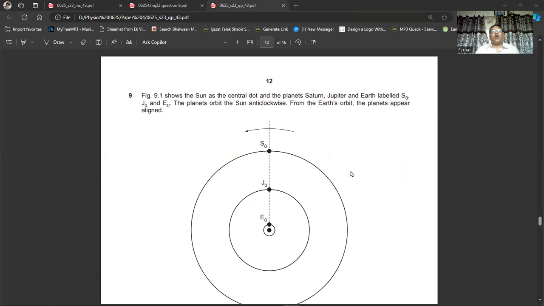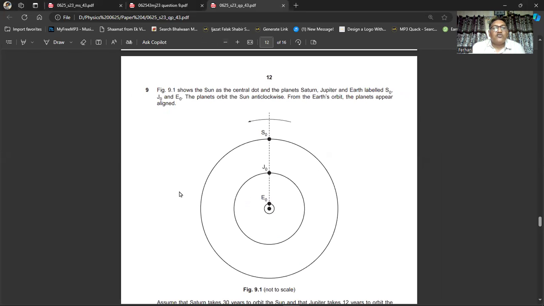The planets orbit the sun anti-clockwise from the Earth's orbit. The planets appear aligned. So right now they are aligned with each other, and they all are orbiting anti-clockwise, like this, okay?